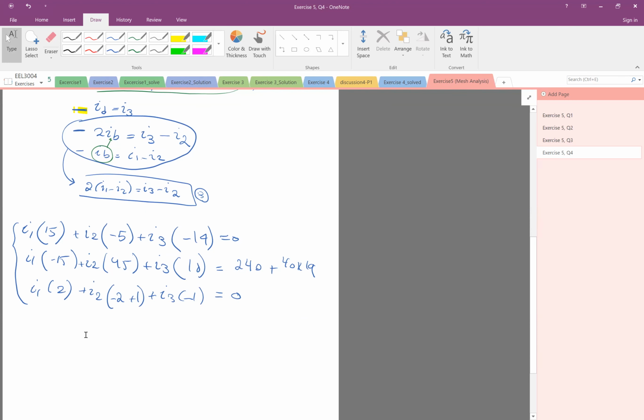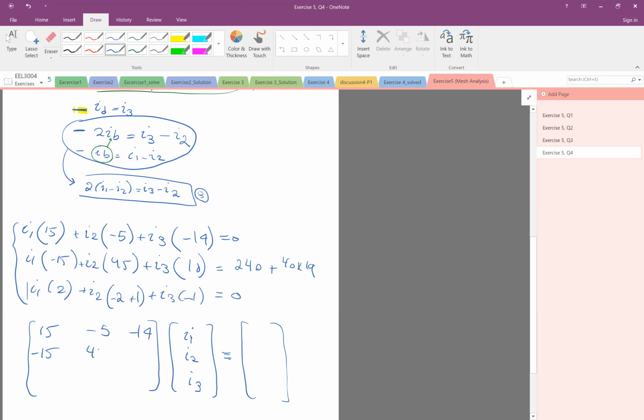Okay, so therefore the matrix that we write will include these numbers. The first row, 15, -5, -14, times I1, I2, I3, and then -15, 45, and 10, and then 2, -1, -1, and 0 for the value there.